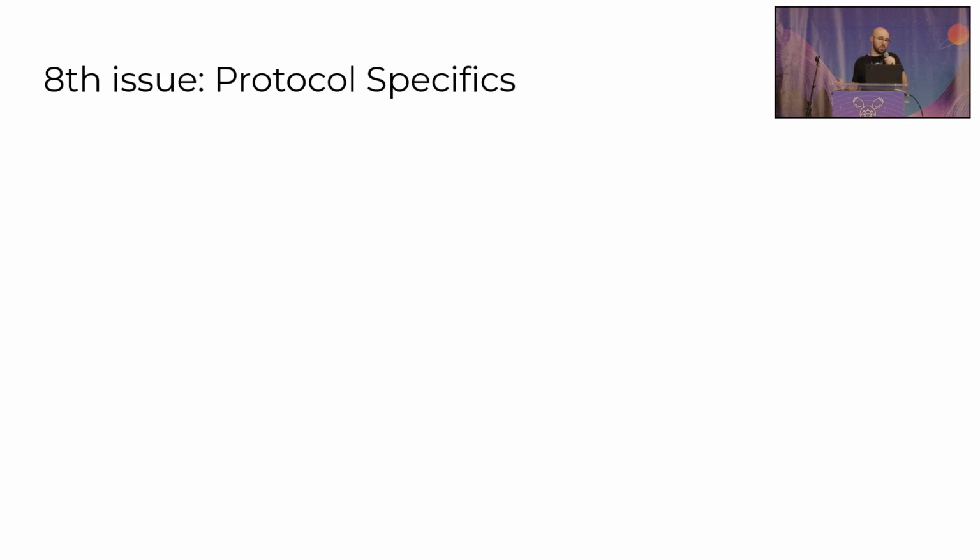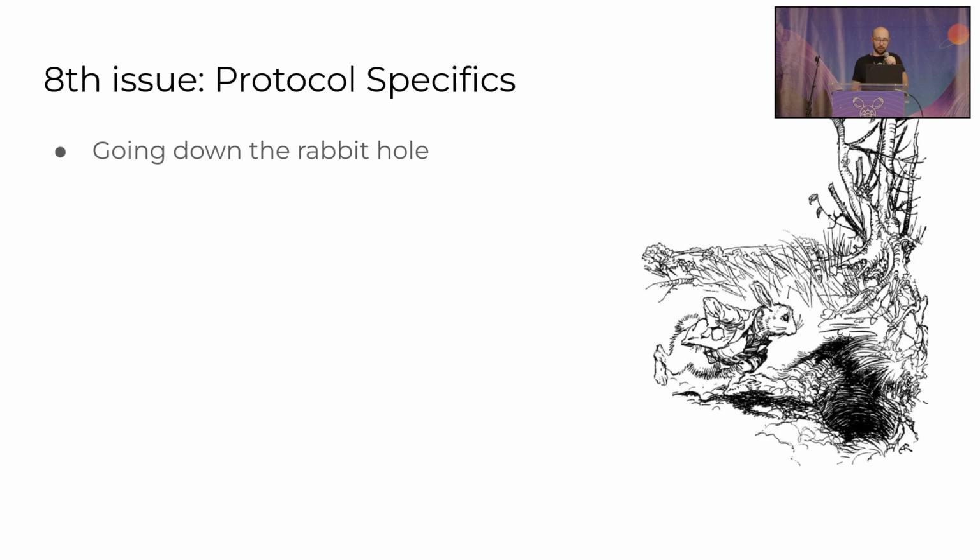And this brings me to the last and maybe most important point. Each protocol is unique, and it's really hard to know all the behaviors that it can exhibit. For that, you really need to go down this rabbit hole and fully understand the protocol.